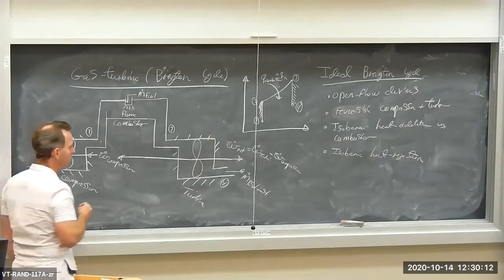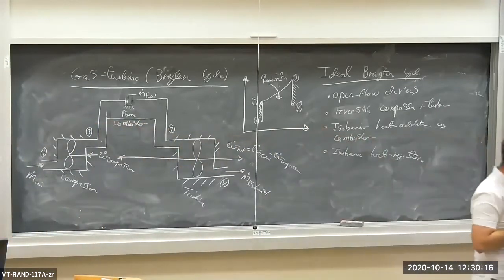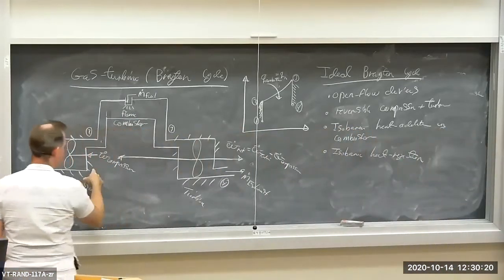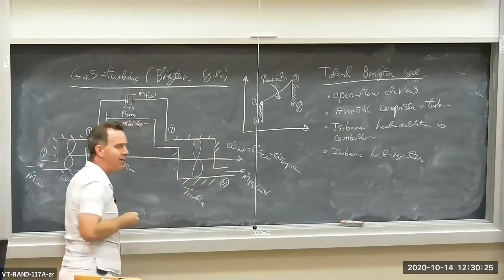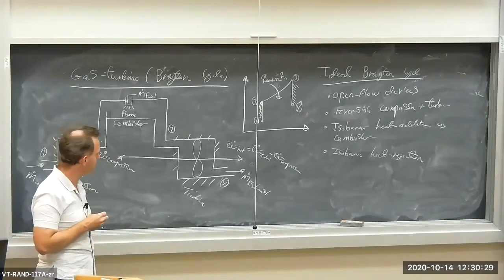So it's critical to understand here. Some of the power produced by the turbine, W dot turbine, is fed into and drives the compressor, and the remaining, what's left over, W dot net, is the net output for the gas turbine, okay?